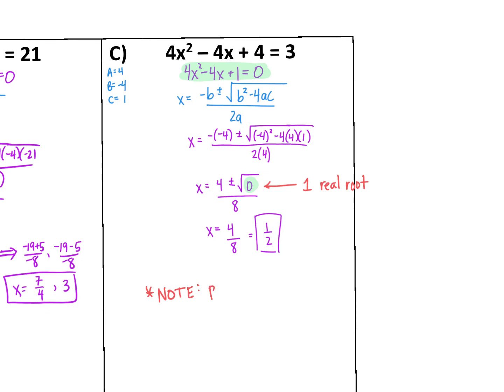I'm just going to note down here that this was a perfect square trinomial, where you would have gotten 2x minus 1 squared, where you would have gotten 1/2 as an answer. So if you notice those perfect square trinomials, it goes a lot faster factoring than it does going through the quadratic formula.